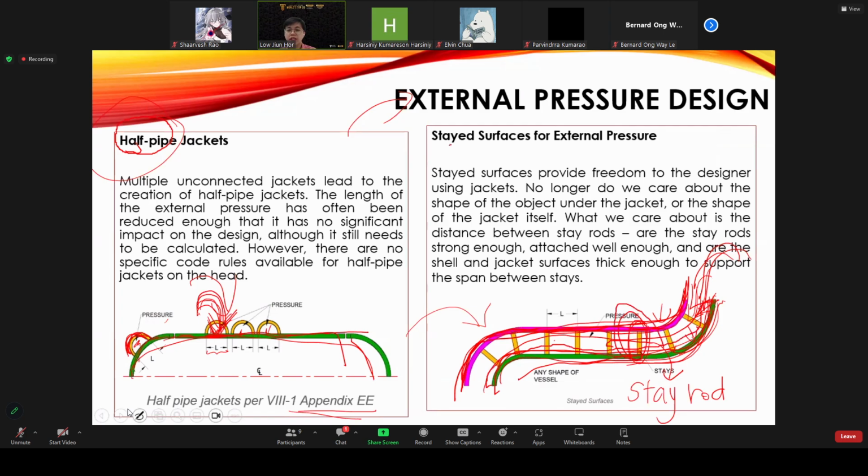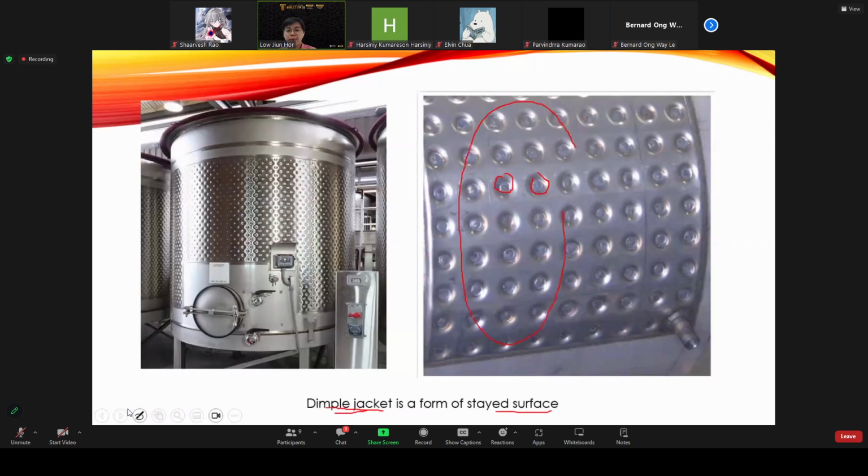This alternative method is known as the stay surface method, and one example of the stay surface design is the dimple jacket. They include the stay root in order to strengthen the outer surface, to make sure the outer surface is strong enough to withstand the external pressure.